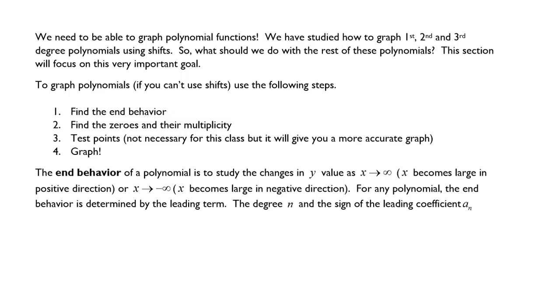To graph polynomials, if you can't use shifts, use the following steps. Step 1, find the end behavior, and we'll talk about that more shortly. Step 2, find the zeros and their multiplicity. You might want to make a note right here that says zeros are the x-intercepts, and multiplicity is the power.